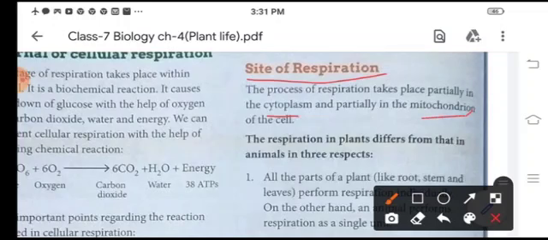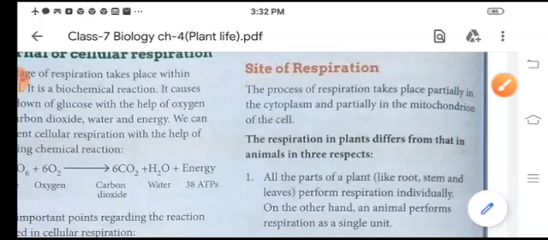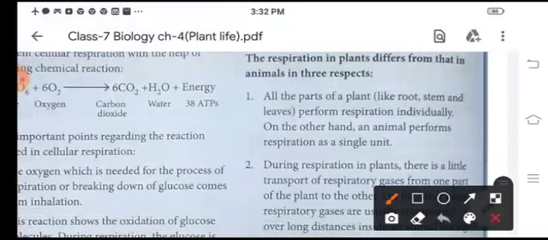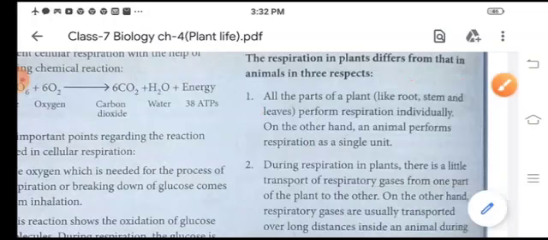Now the respiration in plants is different from animals in three aspects. All the parts of a plant perform respiration individually. That means root, stem and leaves perform the process of respiration individually, while animals perform respiration as a single unit.